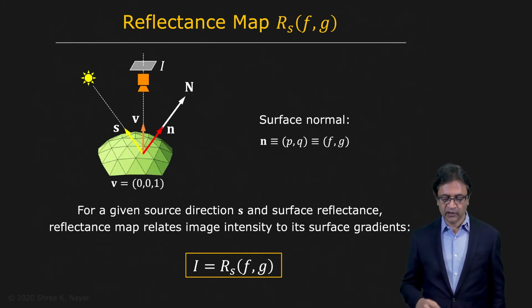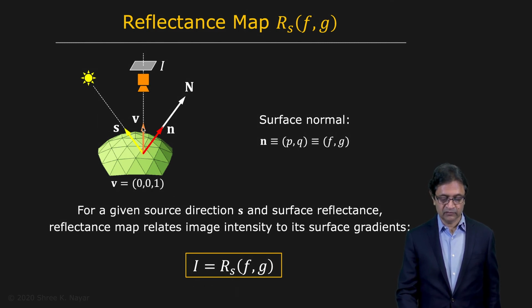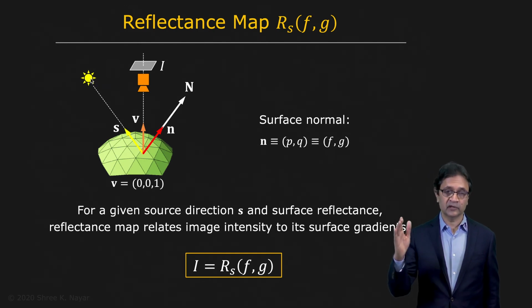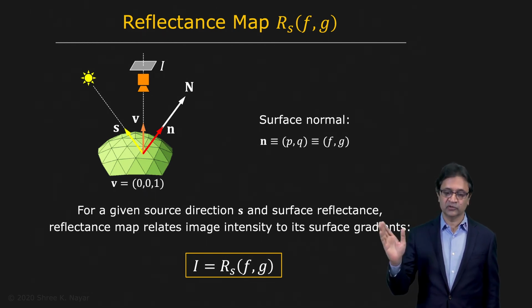So all we are going to do now is represent our reflectance map using FG rather than PQ. We know that N is equivalent to PQ, which is equivalent to FG. And this is our setup here. We have our camera in the direction V, which is aligned with the Z-axis of your coordinate frame. You have your source direction right here. You're going to assume that the light source is really far away, which means that all points on the surface of interest to you are going to basically be seeing the same source direction.